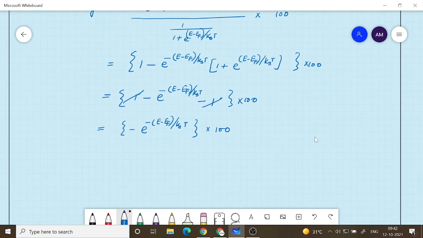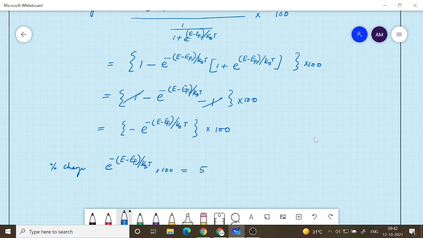So this percentage change could be plus or minus 5%. So this is e raised to minus (E minus Ef) by kBT into 100.